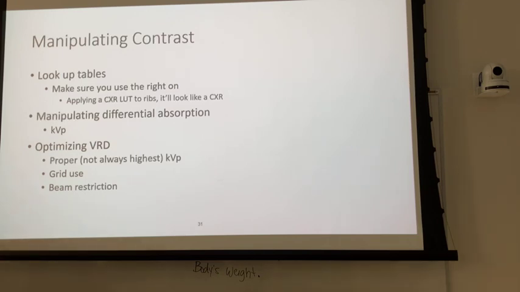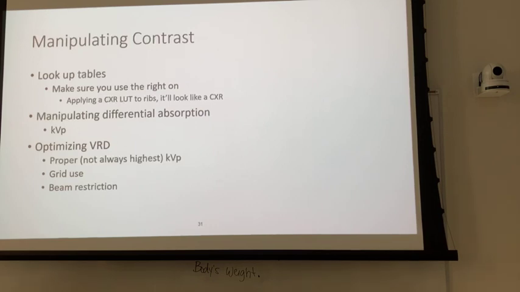All right, so how do we optimize our visibility of recorded detail? And again, with VRD, that is your contrast essentially, and how you're dealing with scatter radiation primarily. All right, so you're going to use a proper KVP. It's not always going to be the highest KVP that you can get. If you shot everything at 110 KVP, you're going to have a lot of problems.